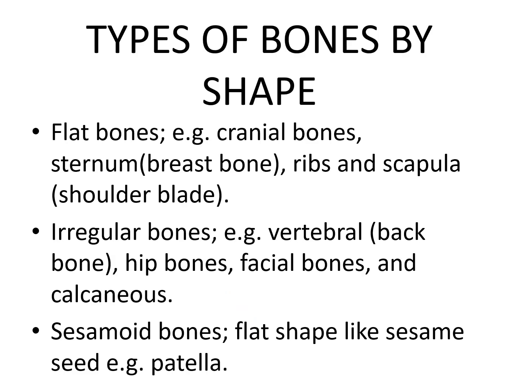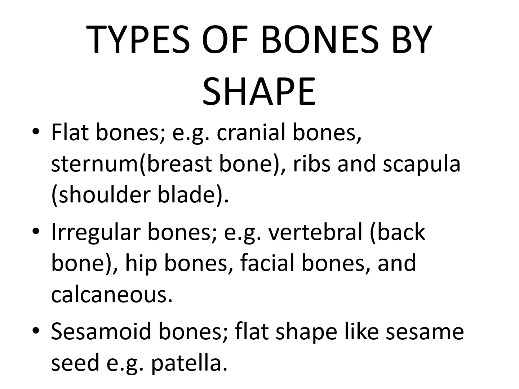And let's briefly look at the types of bones by shape. When we look at bone types by shape, we have these classifications: flat bones, then irregular bones and sesamoid bones. Briefly, let's only look at these ones.